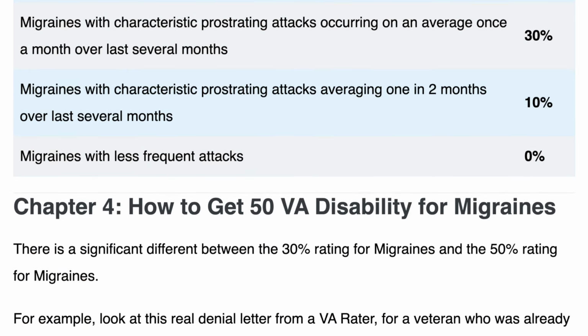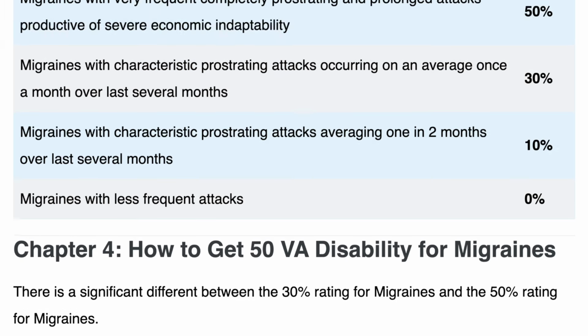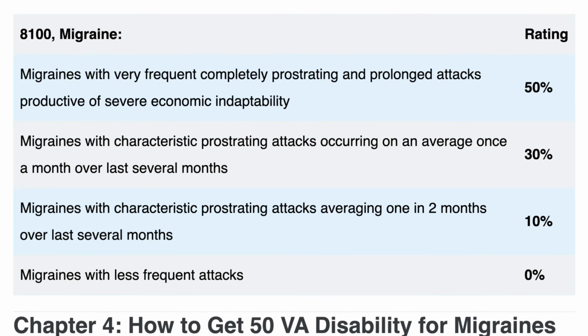Going down, a 10% VA rating for migraines: characteristic prostrating attacks averaging 1 in 2 months over the last several months. And then a 0% VA disability rating for migraines: you have migraines with less frequent attacks. So let's go look for this magic word here, prostrating, right?